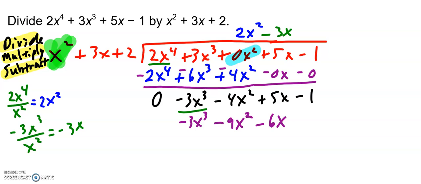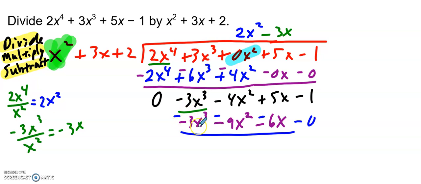Now we are going to subtract. So when I subtract here, notice I have minus a negative. Subtract here, I get minus a negative, and subtract here, I get minus a negative. And then this will be minus 0. So negative 3x to the third minus negative 3x to the third actually becomes plus, right?